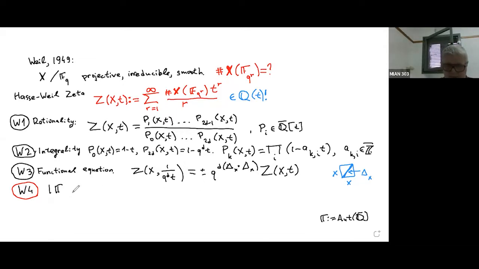And it turns out that all the roots of this P_i lie on the concentric circles centered at 0, and their absolute values are precisely q to the power i over 2. So the picture is like, perhaps I can try to draw it.